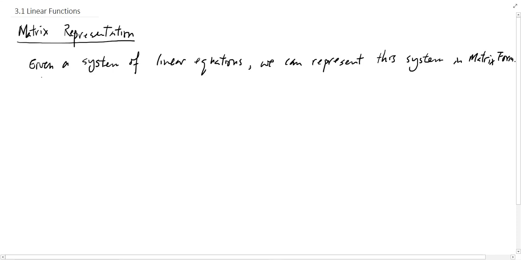For example, suppose I have these two equations right here: 2x plus 3y equals 5, and 4x minus y equals 3. We're not talking about how to solve this system, but simply how to represent it. One way to represent this is to rewrite it into this form, which is called a matrix form.